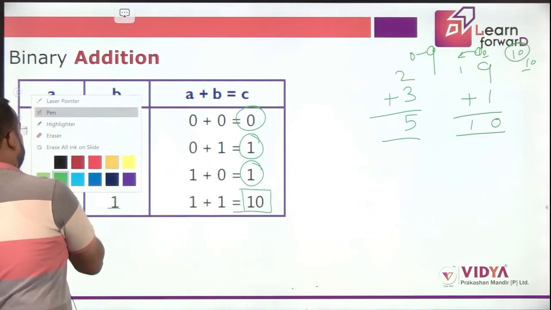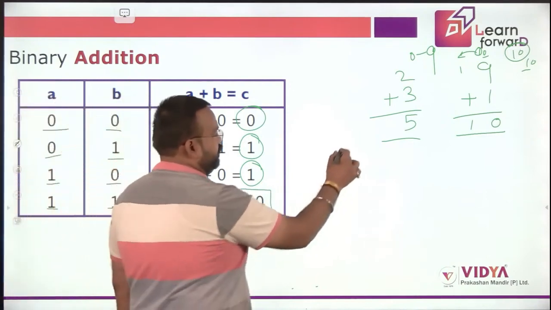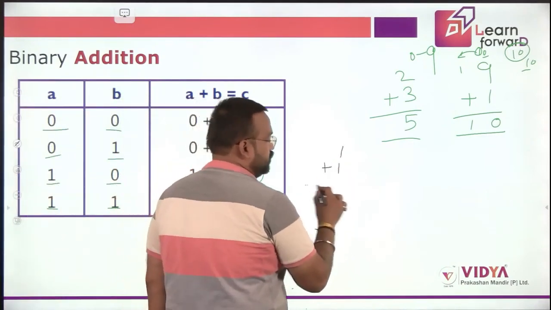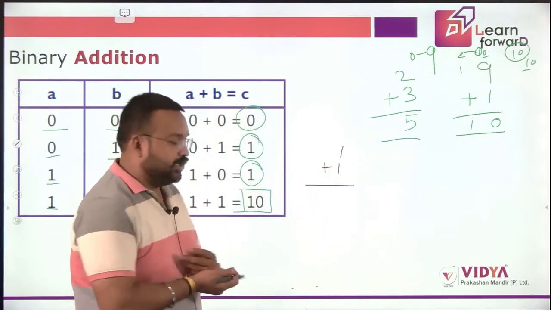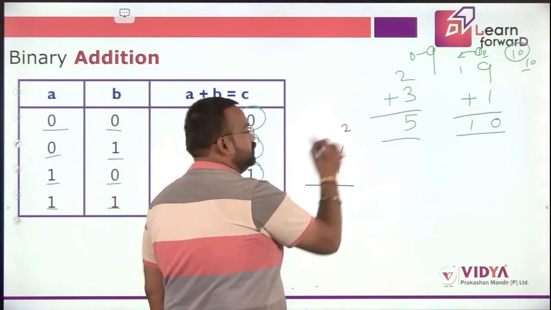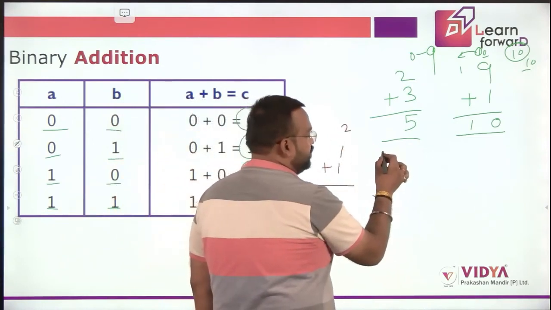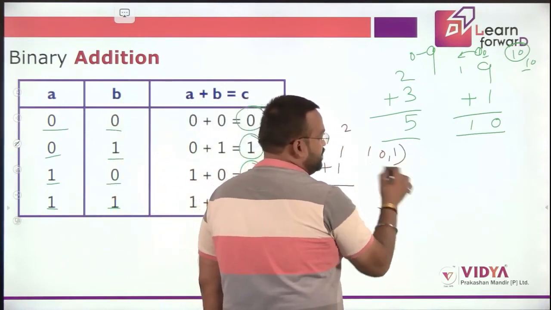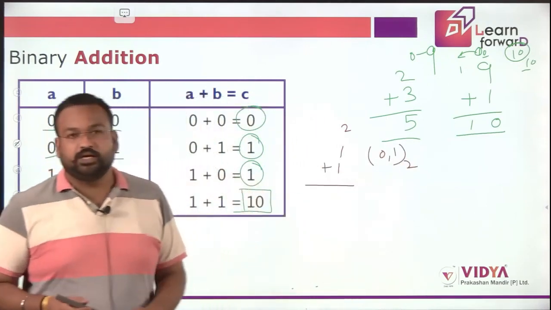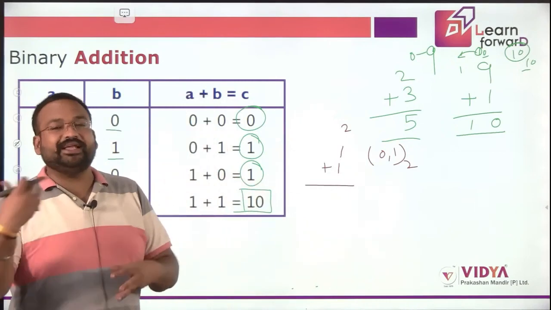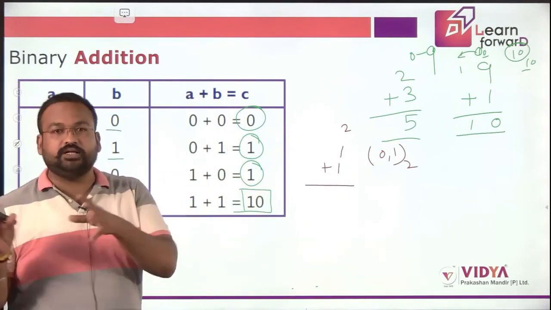Why so? When we add 1 and 1, in normal arithmetic, like you do in your mathematics, it will become 2. But as we know that in binary the base is 2, and only these two numbers are allowed, so it is converting this number to the binary one.